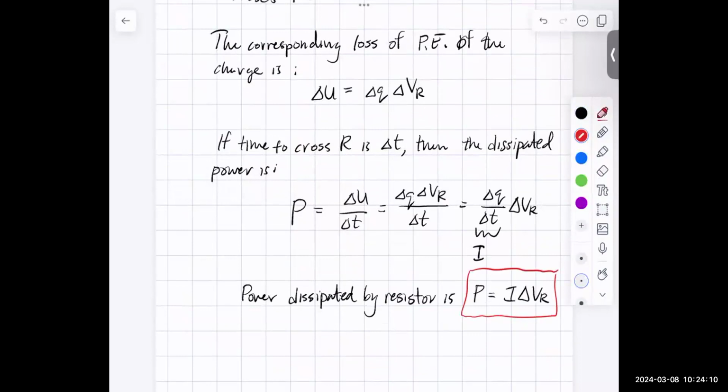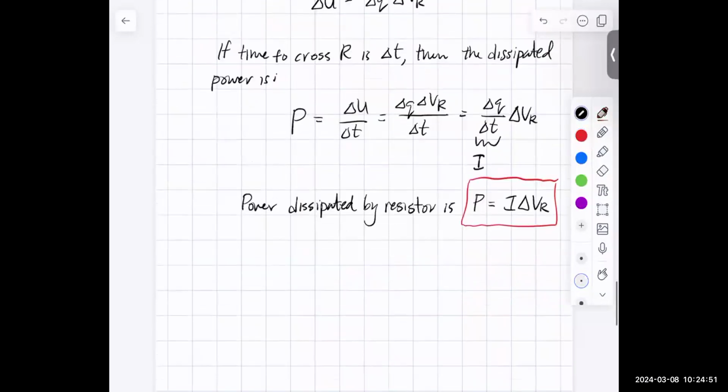Okay, so where does that electrical energy, the energy of our moving charge, go if we're dissipating power? It can't just vanish, where does it go? Yeah, heat, that's exactly right. The reason why, if your phone is working really hard, or your laptop is doing a lot of calculations, when you touch it, it gets hotter than if it's just sitting there idle, is that it's doing lots of calculations, there are currents flying around, and there's a bunch of resistors in there, and all that electrical energy is being dissipated into heat.